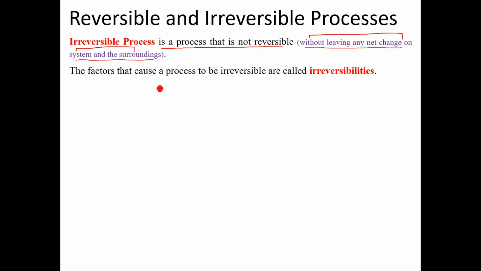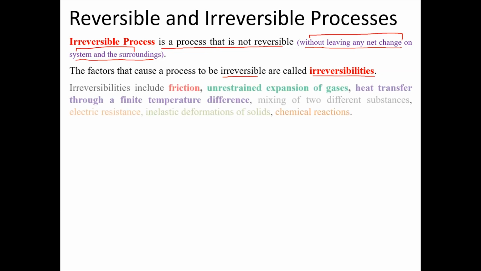First, look at the causes which make a process irreversible. These causes are defined as irreversibilities. Some of the common irreversibilities include friction, unrestrained expansion of gases or sudden expansion of gases, and heat transfer through a finite temperature difference.